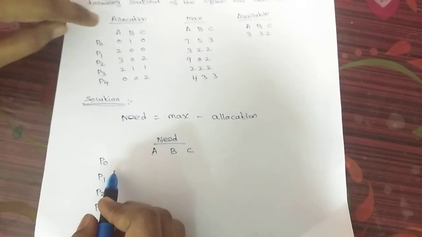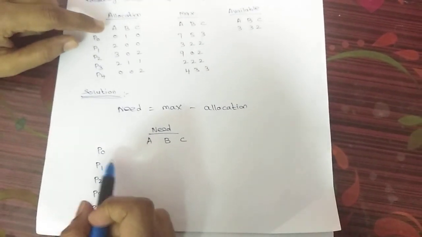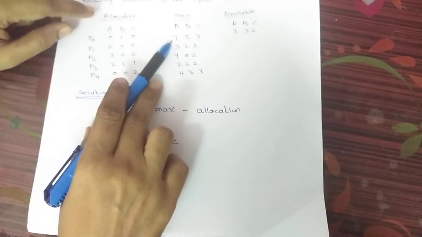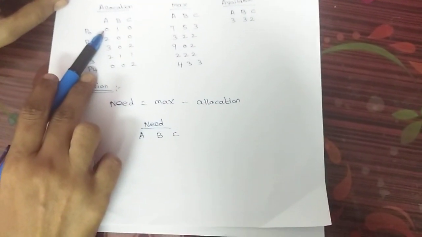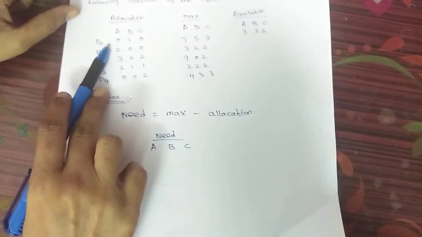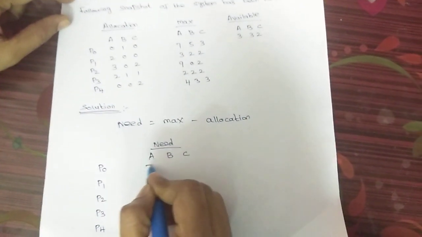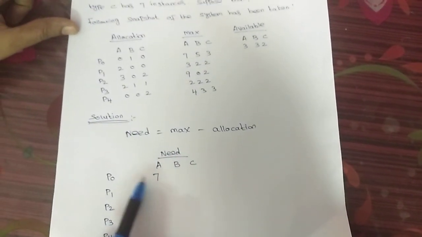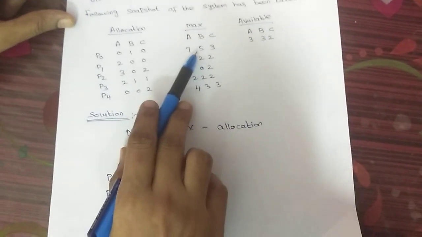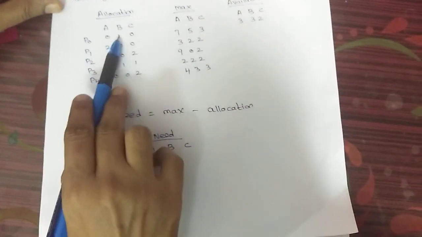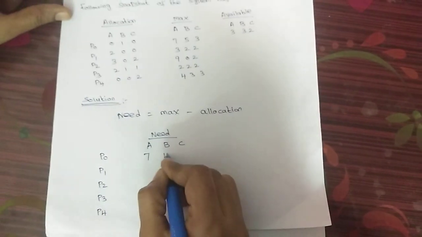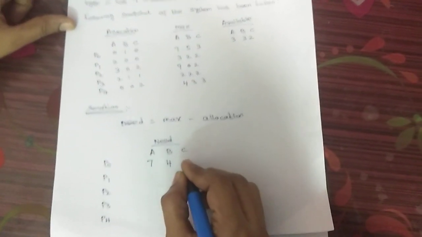The max for P0 is 7 and the allocation is 0, so 7 minus 0 is 7. For B, 5 minus 1 is 4. And then 3 minus 0 is 3.